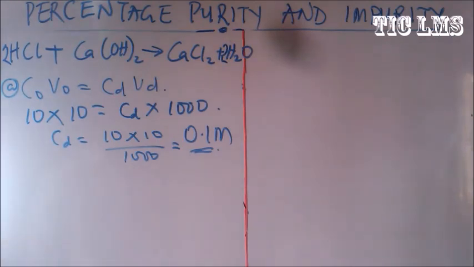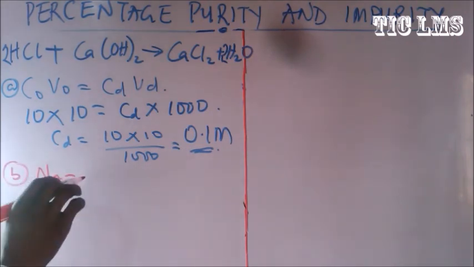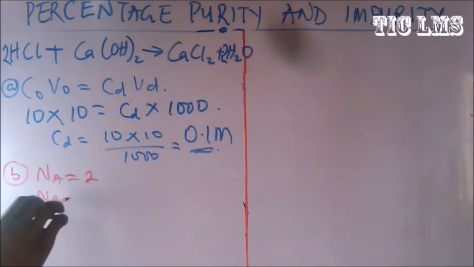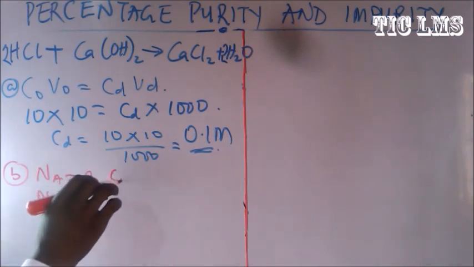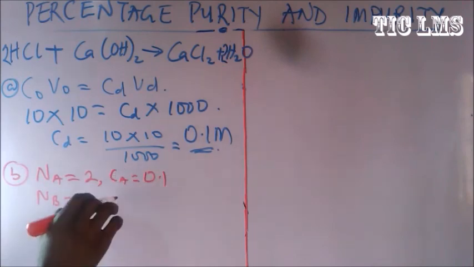Now the second part says we should calculate the concentration of the base, that is calcium hydroxide, in mole per dm cubed. Now for us to get this done, we will state our parameters. Number of mole of acid in this question is 2. Number of mole of base is 1. Concentration of acid that was given in this question is 0.1.